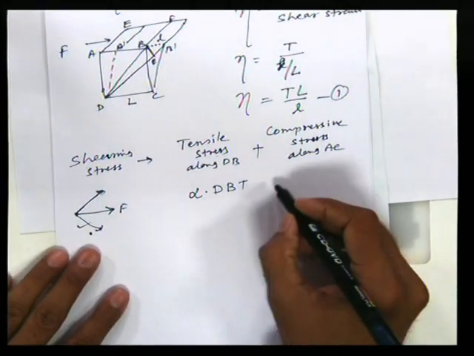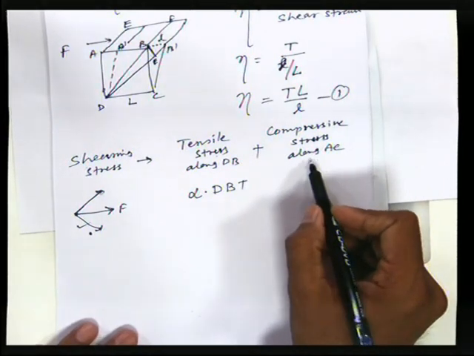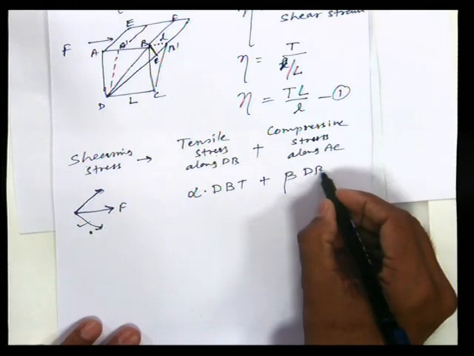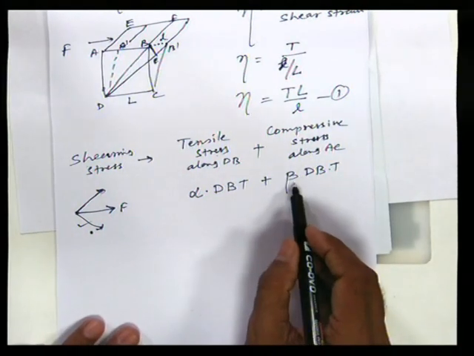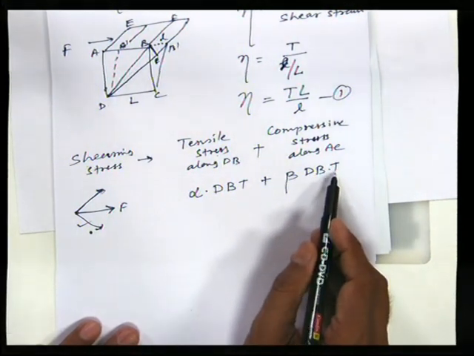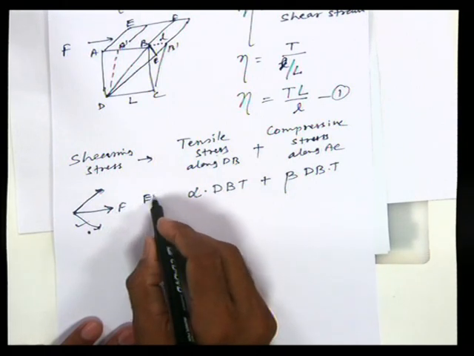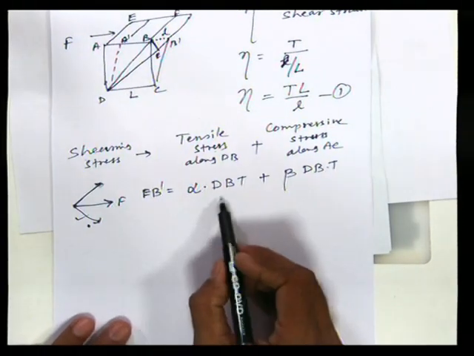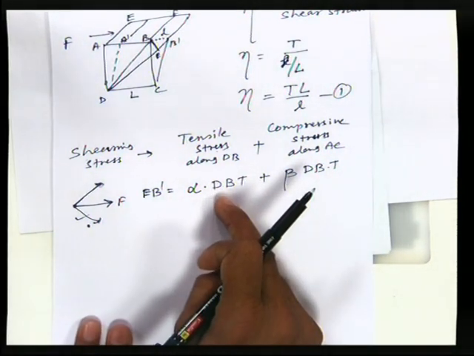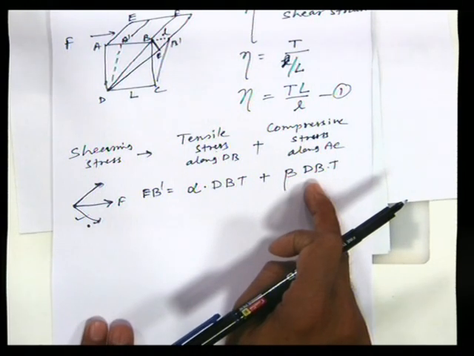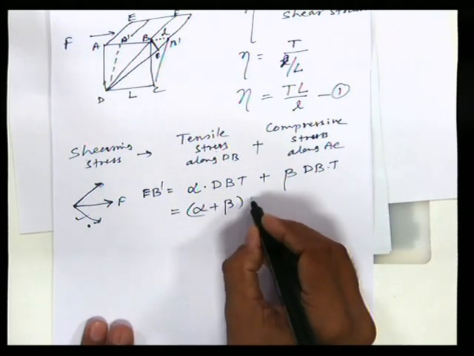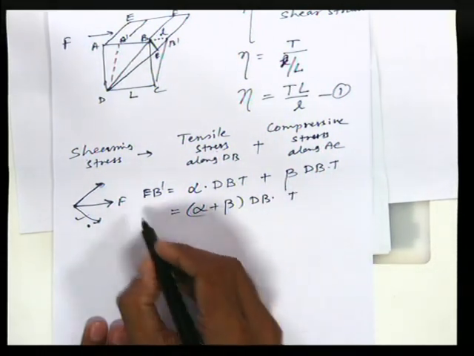So this compressive stress also increases diagonal dB, and therefore I can write beta into dB into T. Again beta is increase per length per tension, dB is length and T is tension. So total increase in length, say EB dash, equals alpha into dBT plus beta dBT. First portion is due to tensile stress, second portion is due to compressive stress. Therefore alpha plus beta into length dB into tension T.